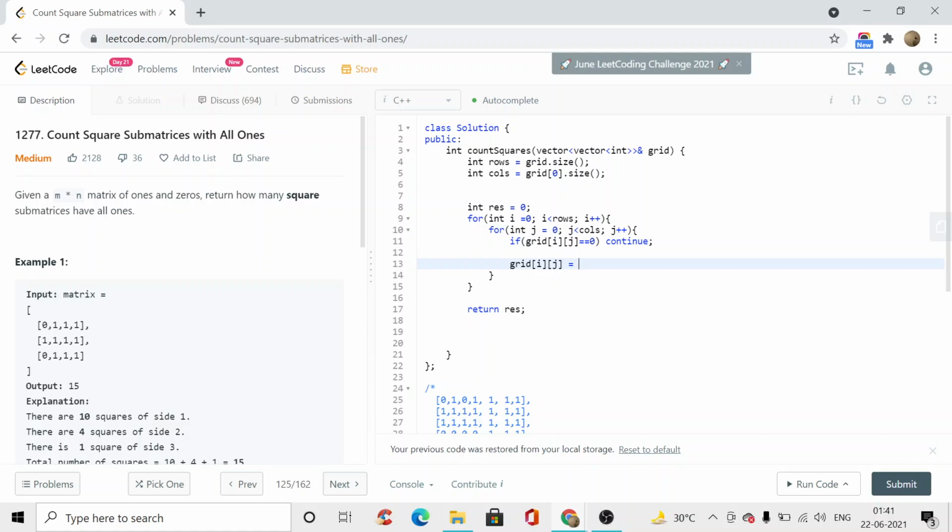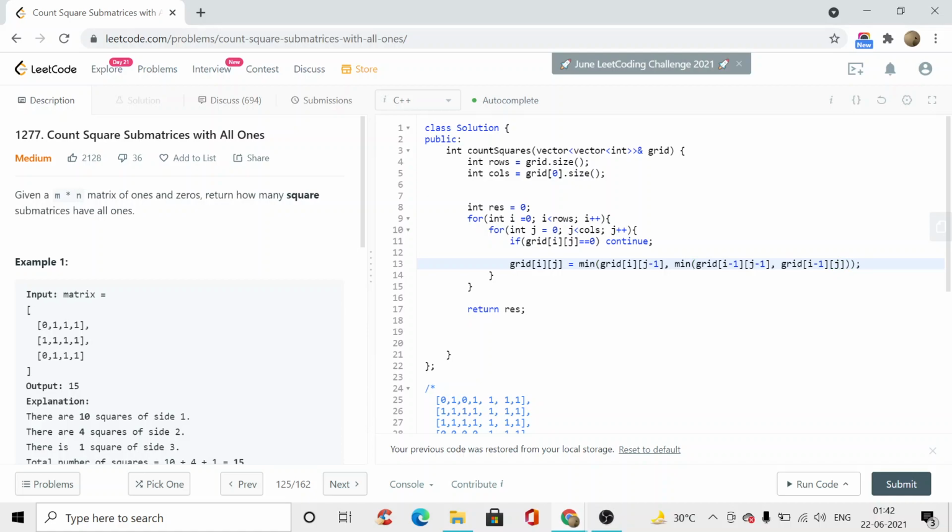so if it is 1, we will check its surroundings. Minimum of grid of i minus 1 and j, comma, minimum of grid of i minus 1, comma j minus 1, and then grid of i, j minus 1.